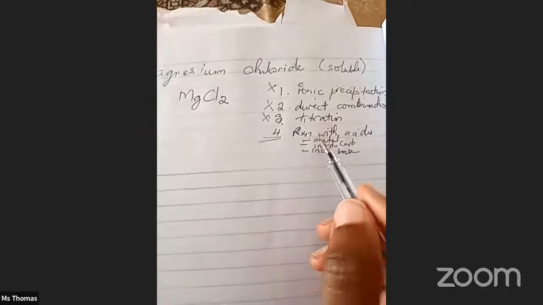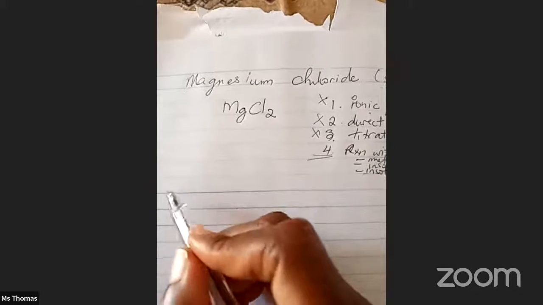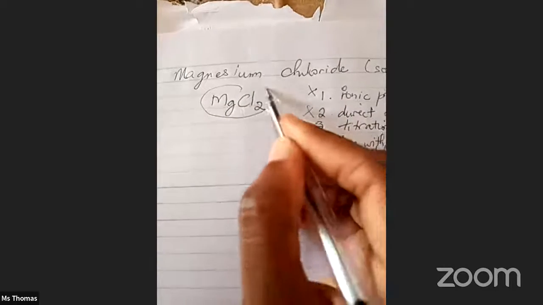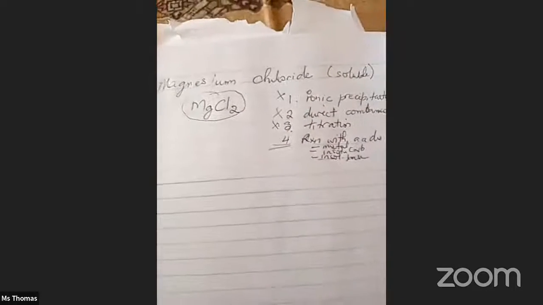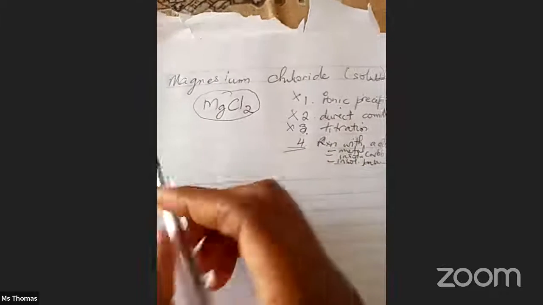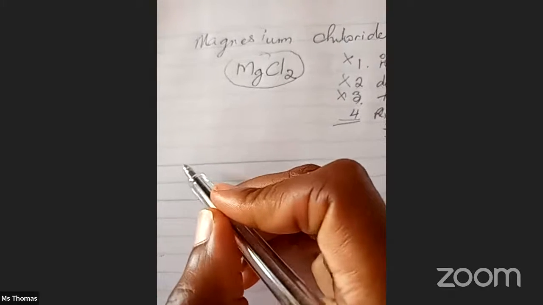Reaction of acid with a metal, insoluble carbonate, or insoluble base. So let us write a balanced chemical equation for the production of this salt. Which acid must we use? Hydrochloric acid.